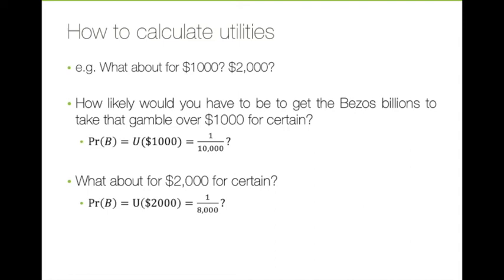When the jump was $100 to $1,000, that made a pretty big difference to how high the chance would have to be for you to be indifferent between having the $1,000 and making the gamble. But I bet for most of you, as it does for me, the difference between $1,000 and $2,000 doesn't feel as big as the difference between $100 and $1,000, even though it's actually a bigger increase in the amount of money you could get.